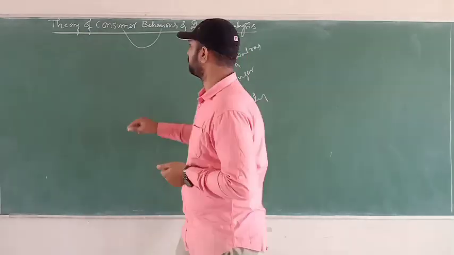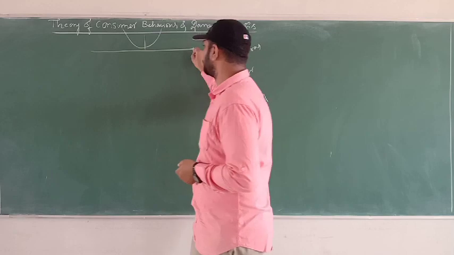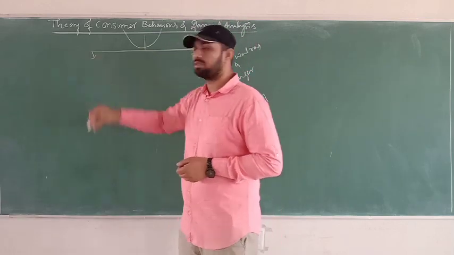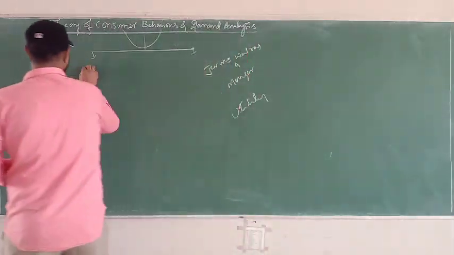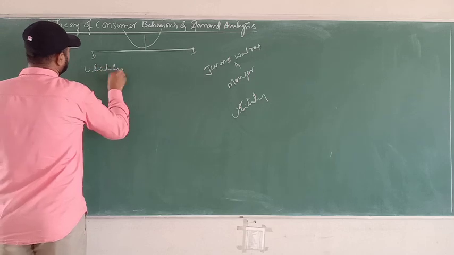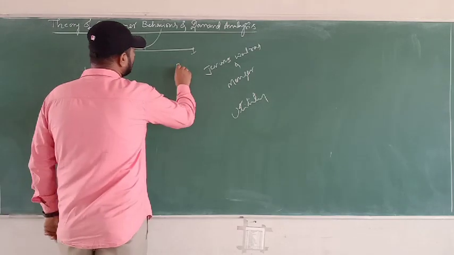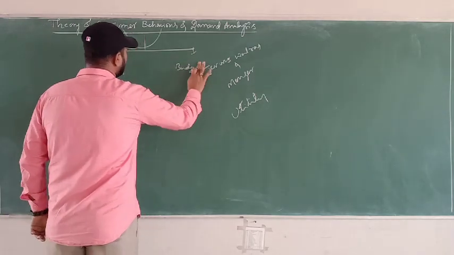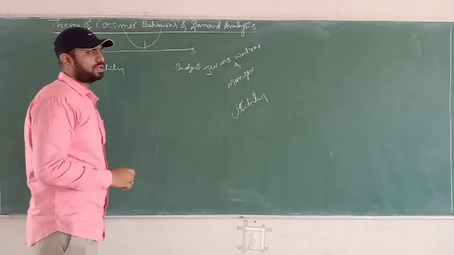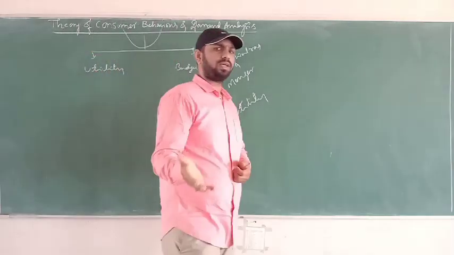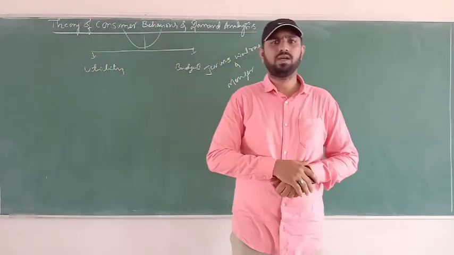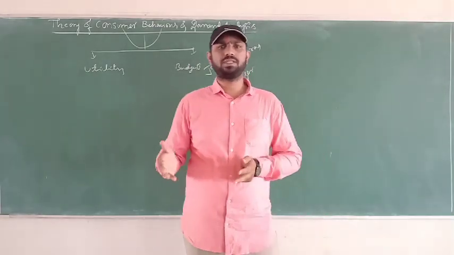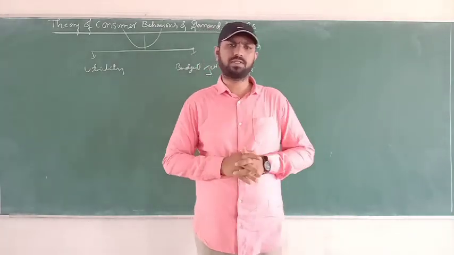Consumer behavior is based on two major points. The first point is utility, and the next one is the budget or income point. Utility, as we understood in the last videos, is the power of a commodity or service which satisfies our needs and wants.